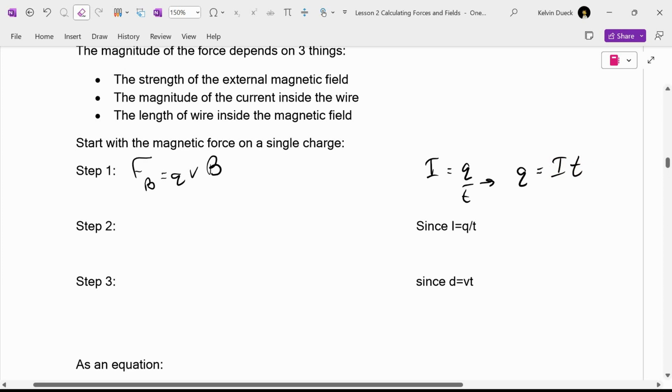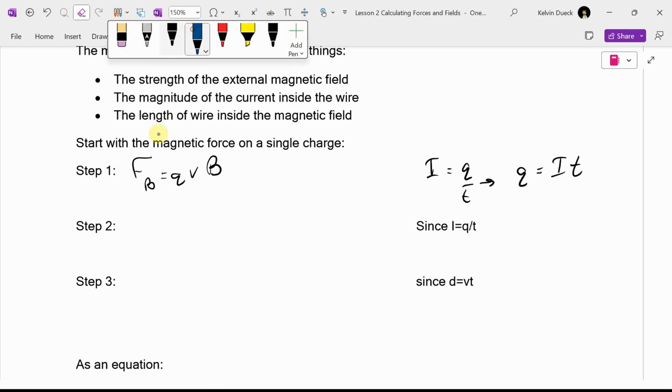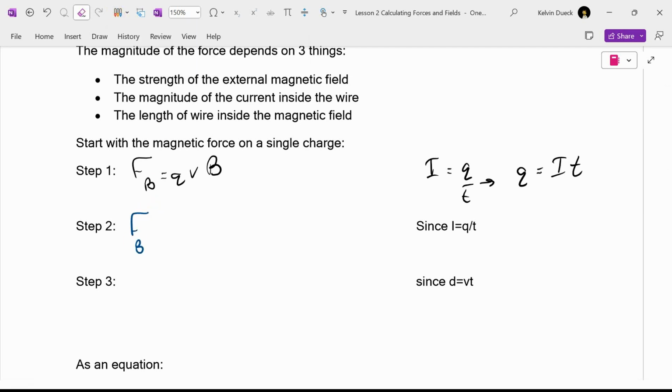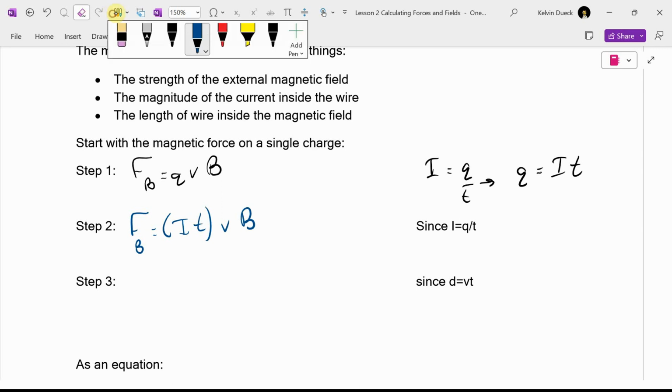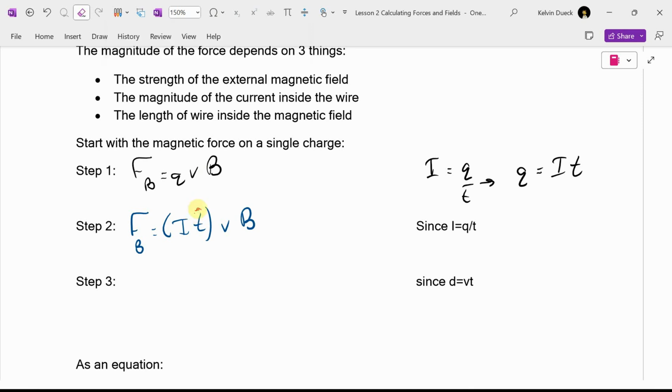Q is it, I think, is the joke that I made last unit. So I'm going to do that on this line here. I times t times VB. And then, if you would be so kind as to circle the t and the v.